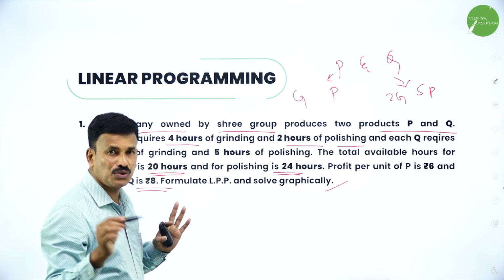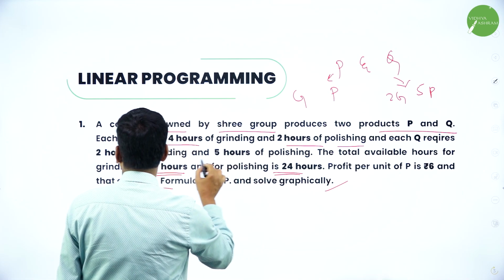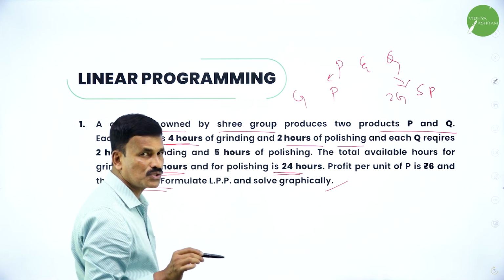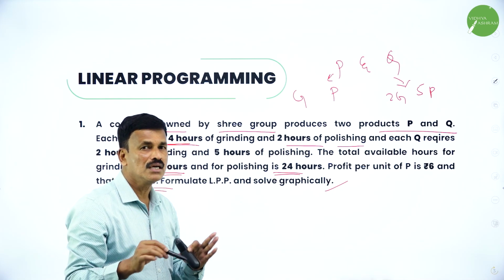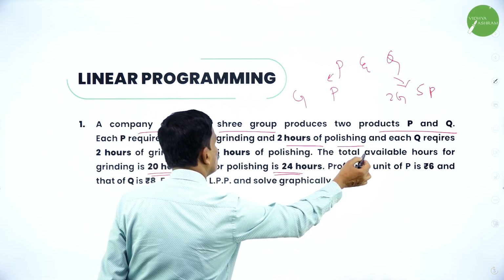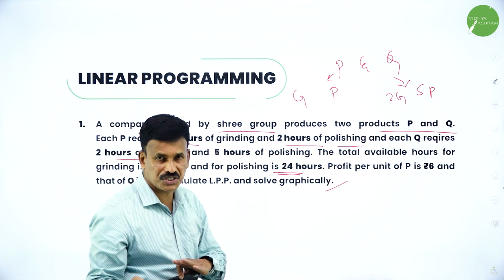So here Shri Group will produce two types of products, P and Q. Each P requires 4 hours of grinding and 2 hours of polishing, and for the product Q, it requires 2 hours of grinding and 5 hours of polishing.